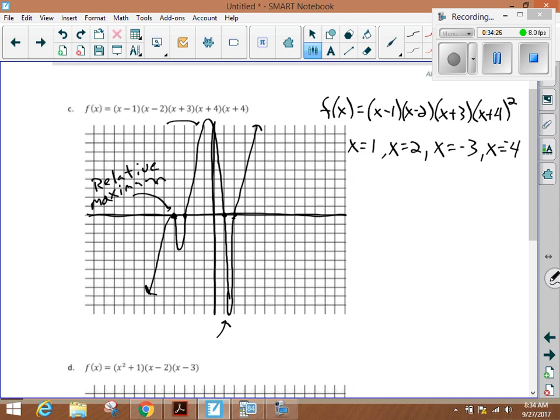They're becoming more and more negative, to increasing, becoming more and more positive. We call that a relative minimum. And so on. So we have a relative min here. We have a relative max here.